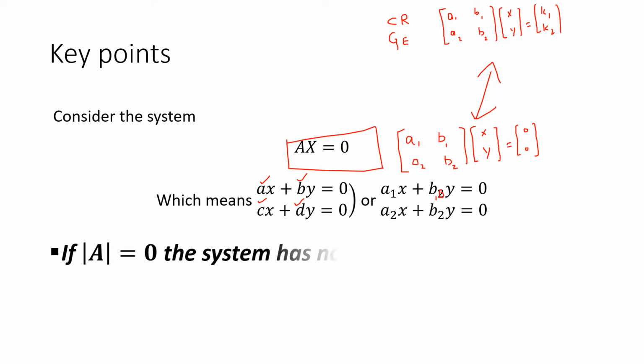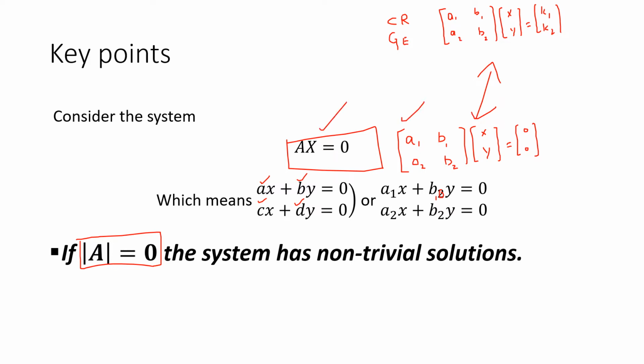Now we should keep this point with us, that if the determinant value of the matrix in this system is 0, then there will be a non-trivial solution.